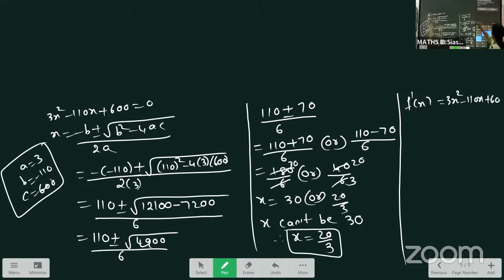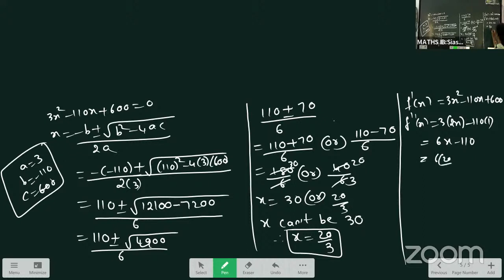So find out f double dash of h. So f double dash of x is equal to 3 into x square derivative 2x, minus 110 into 1, 600 derivative is 0. So 6x minus 110.